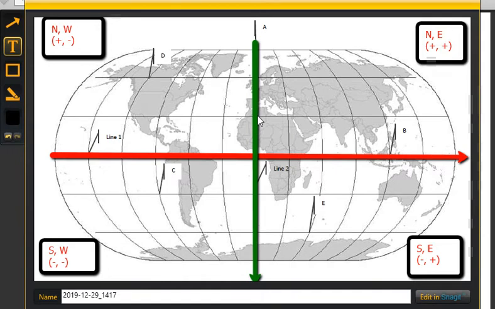The same here, there's 360 degrees in longitude, so I could count all these up. 1, 2, 3, 4, 5, 6, 7, 8, 9, 10. So I could do it that way, or I could decide that 180 is an easier number to divide. 1, 2, 3, 4, 5.